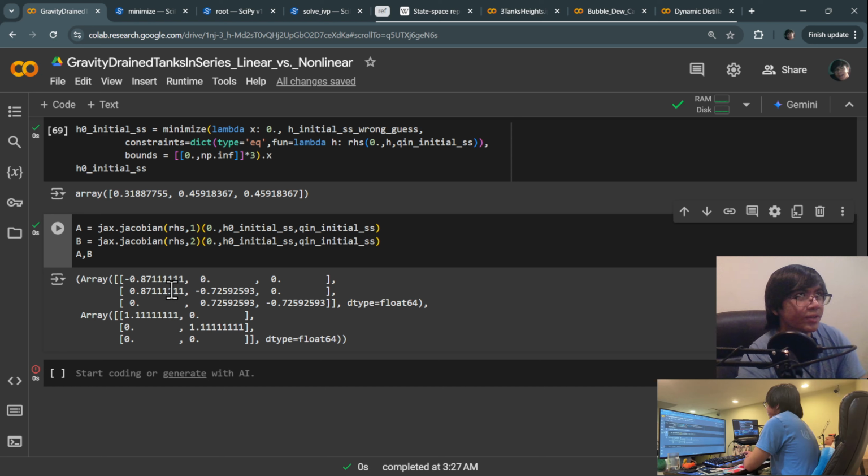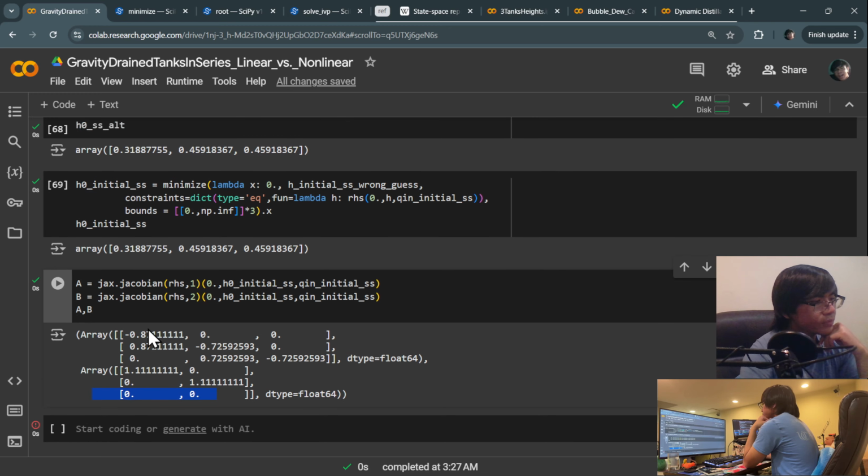Well, for our A matrix, how the state variables, which are heights, the partial derivatives of those, influence our right-hand side, dH/dt, and then how our inlet flows influence the right-hand side. Notice there's a 0 here since we don't have a third input. So remember, it had to be 2 by 3, since the columns were the number of input variables, and rows were from the state variables.